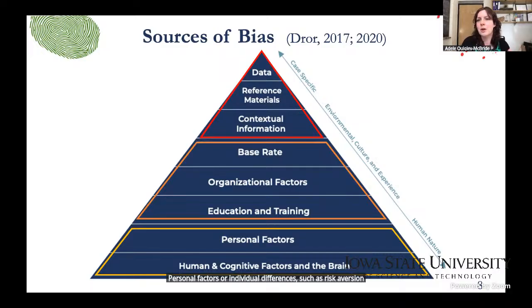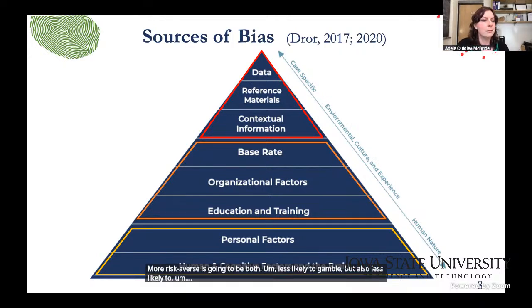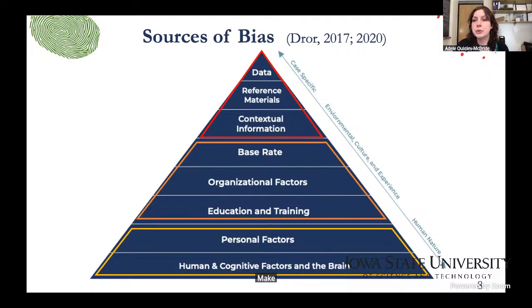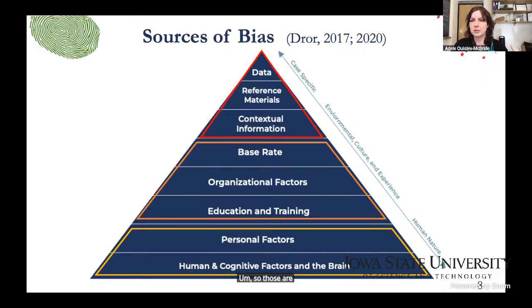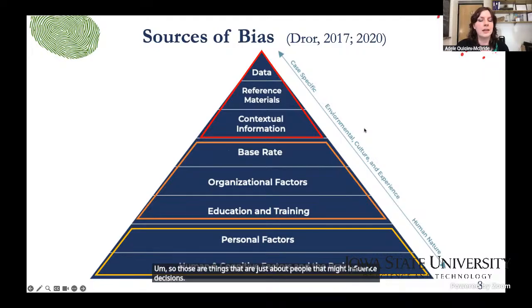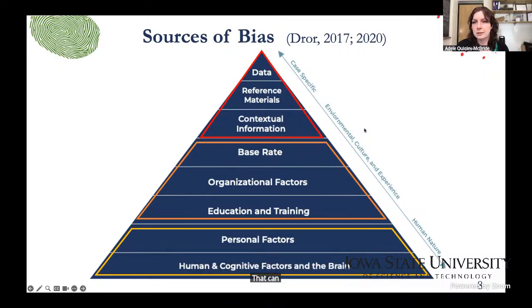Someone who's more risk averse is going to be both less likely to gamble, but also less likely to make a conclusive decision under situations where they don't really have enough information. So those are things that are just about people that might influence decisions that can be classified as a biasing effect.